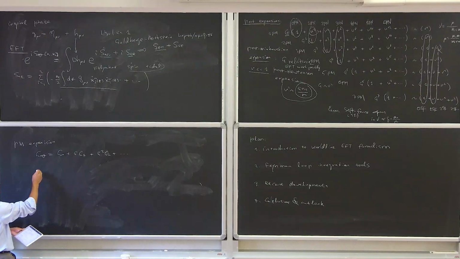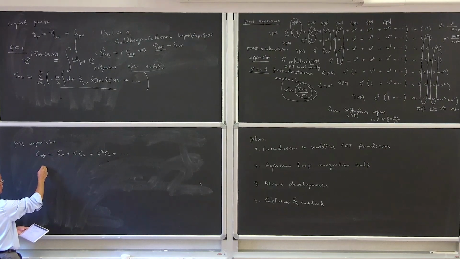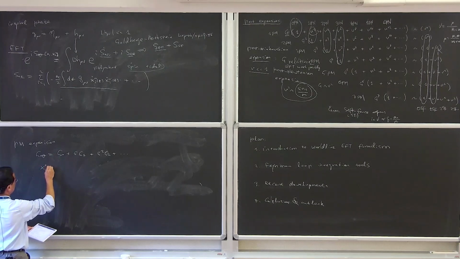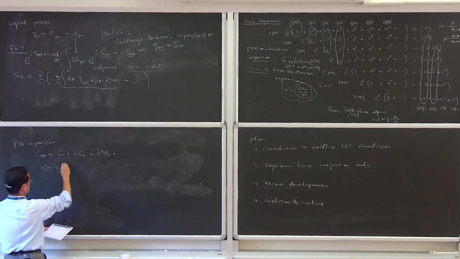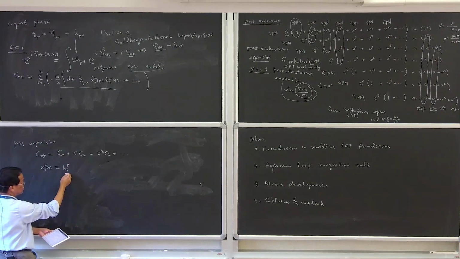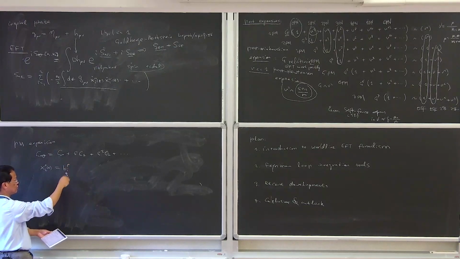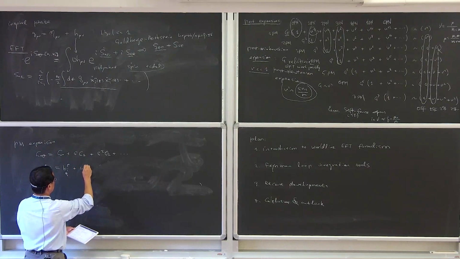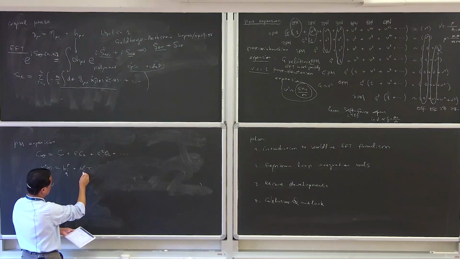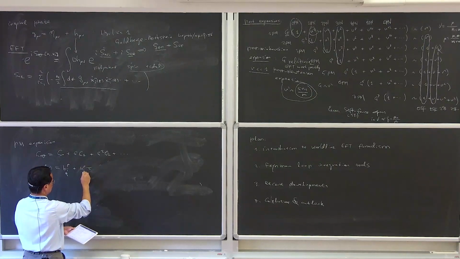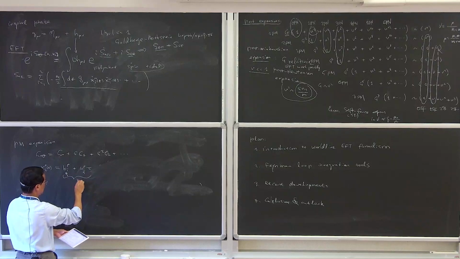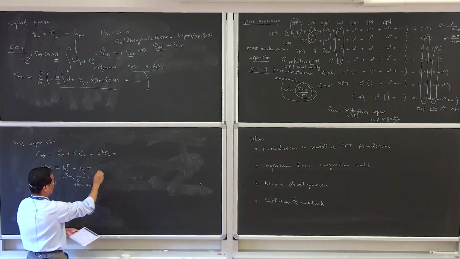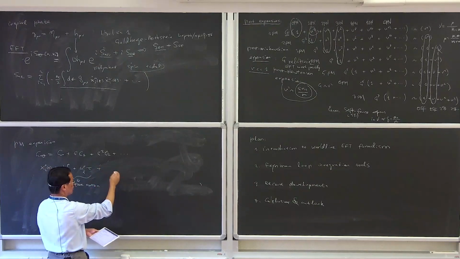And for the trajectories in the coordinates of the two bodies, we can also expand: this is the initial position for body i, and this is the initial velocity. This part describes free motion, and this is the gravitational correction.